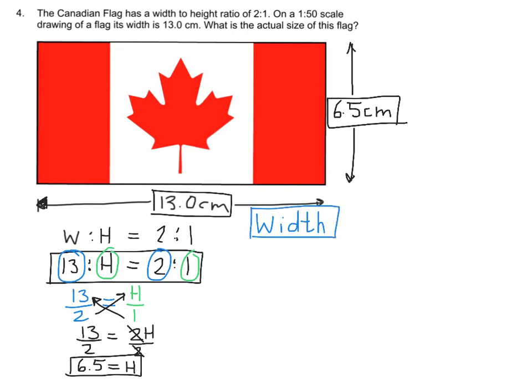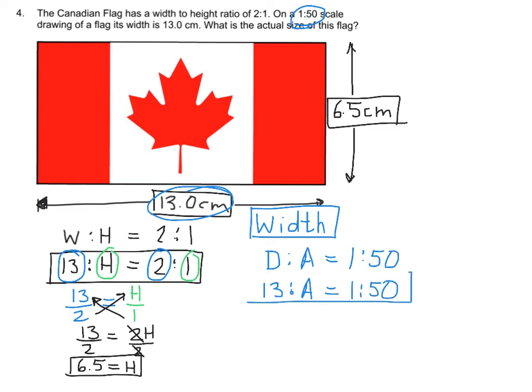Now we know that all of these scales, this 1 to 50, is always the diagram measurement to the actual measurement. And the diagram measurement to the actual measurement, they are telling us, is 1 to 50. Now, we know the diagram measurement or the diagram width. The diagram width is 13. So 13 to the actual width, which we don't know, is 1 to 50.